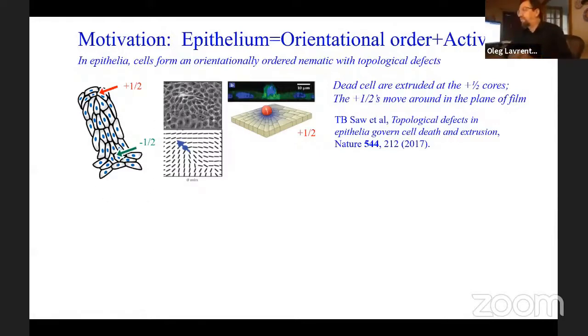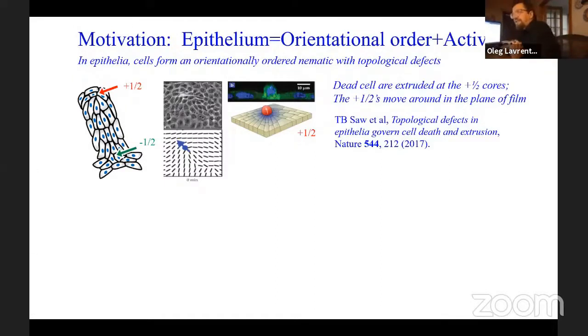The strength, or charge, is simply how many times the local orientation changes when one circumnavigates around the core of the defect. So if I go around this defect core +1/2, I would observe that the cells make a reorientation by 180 degrees. And here it's the same thing, but the sense of rotation or reorientation is opposite.